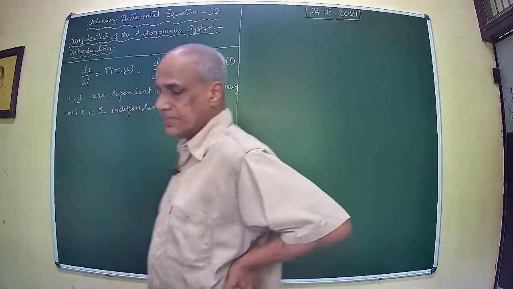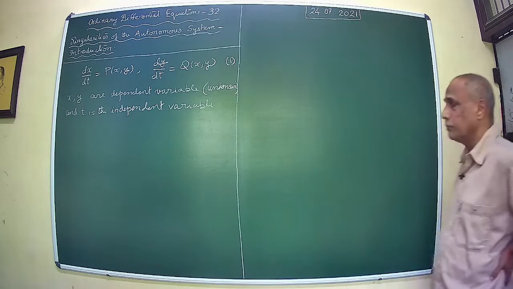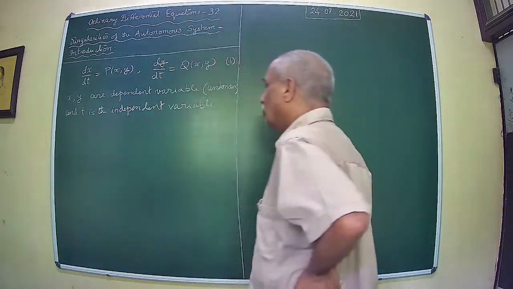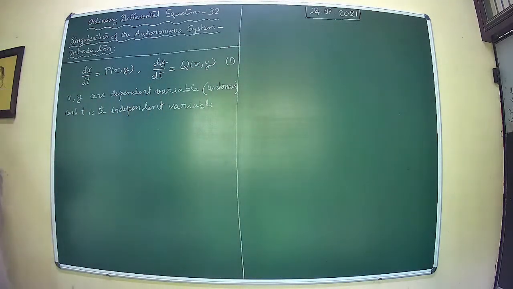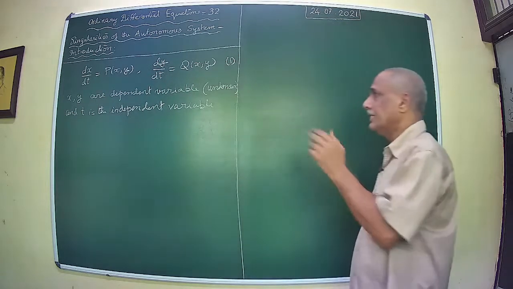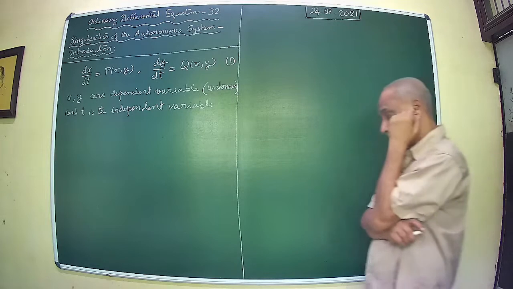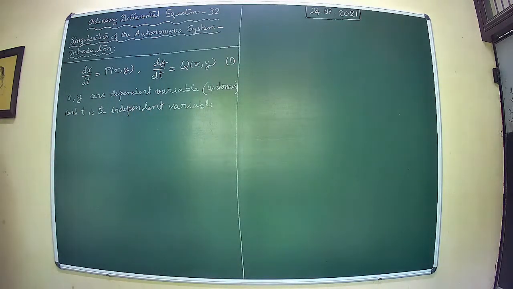This is what I said, it's not often possible to solve these problems. It depends on how simple or how complicated P and Q are. If they are simple enough, possibly one can exactly solve them. Otherwise, it is difficult. As I said, you can think of more dependent variables, say x1, x2, up to xn, and then talk about systems.